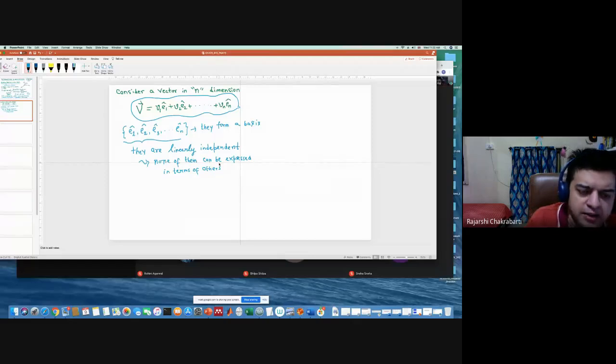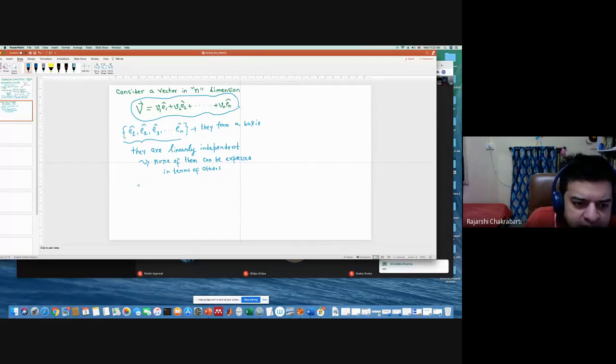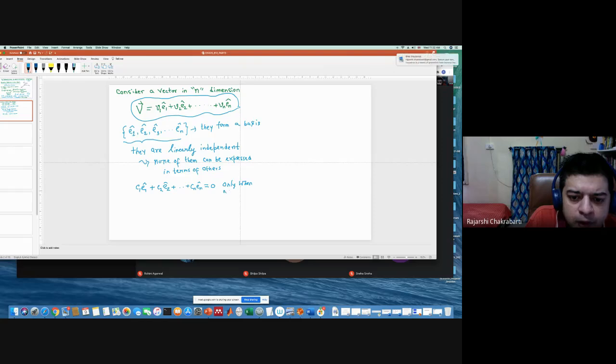In other words, if I take a linear combination like this, with any coefficients, C1 E1 plus C2 E2 up to Cn En, this is 0 only when all the C's are 0.